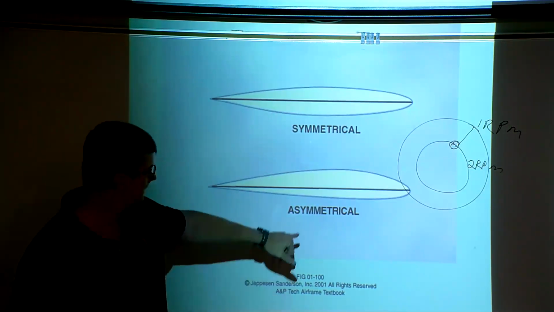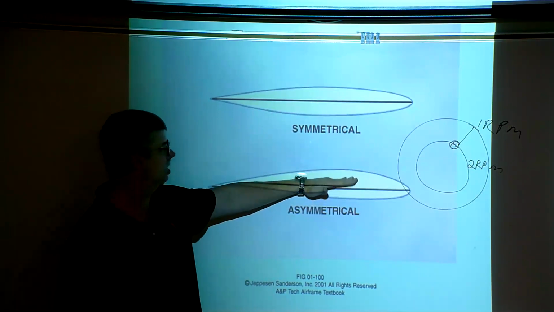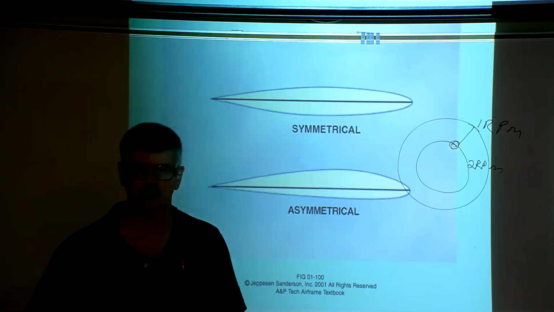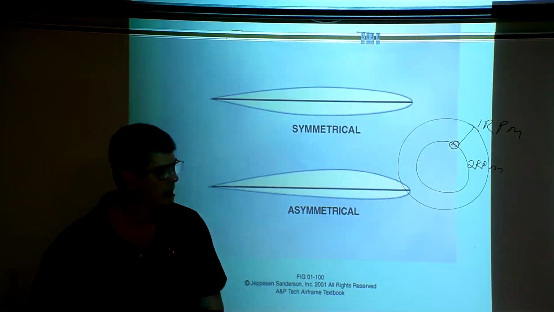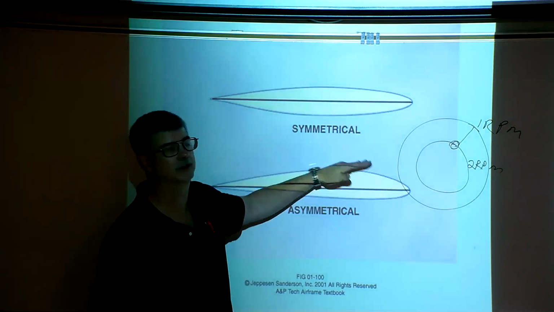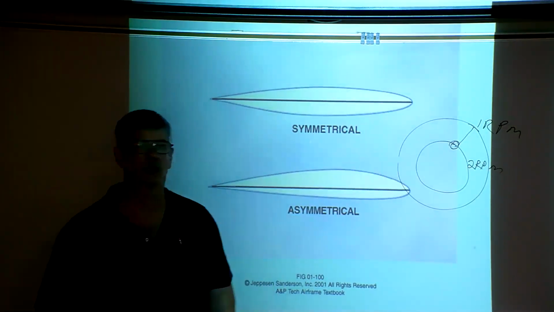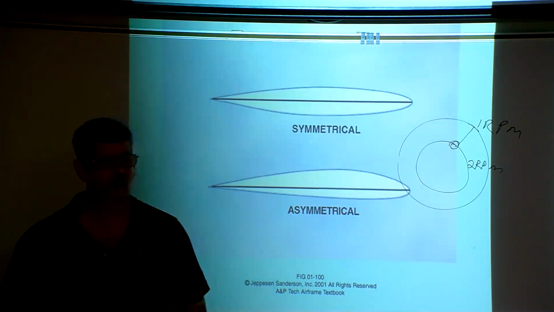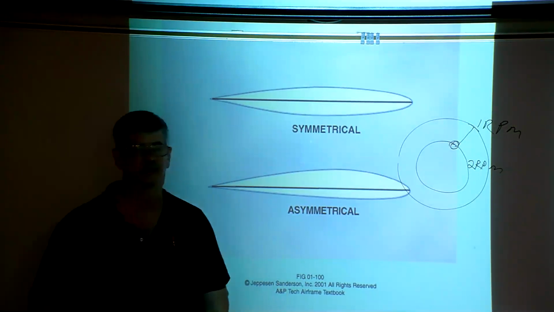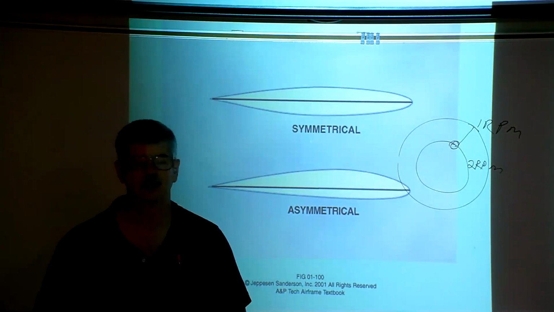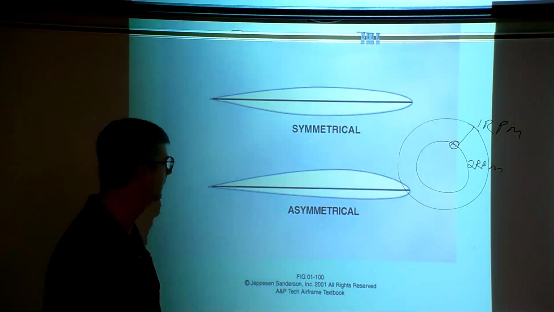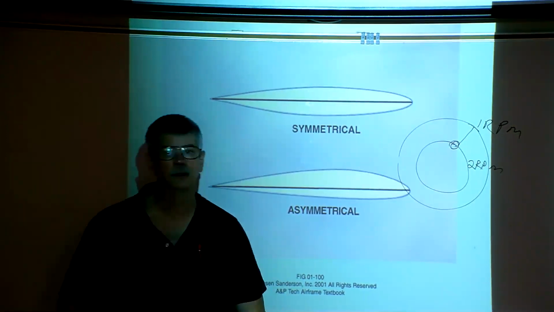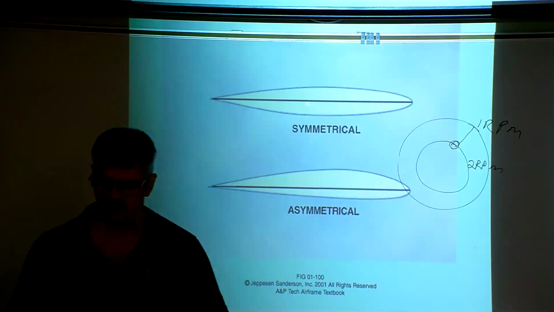Whereas with an asymmetrical airfoil, as the angle of attack changes, so does the center of pressure or lift. As the angle of attack increases, the center of pressure moves forward, which then tries to increase the angle of attack. And when the angle of attack decreases, the center of pressure moves back, reducing that force. Whereas the symmetrical airfoil stays the same and thus puts no additional load on the rotor blade.